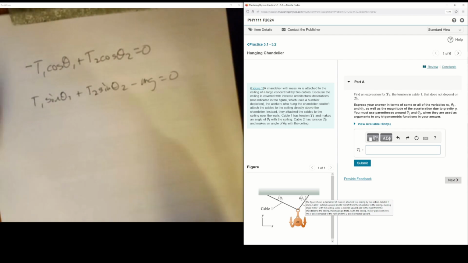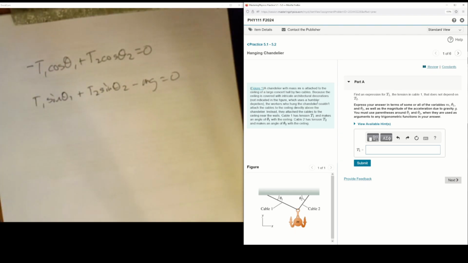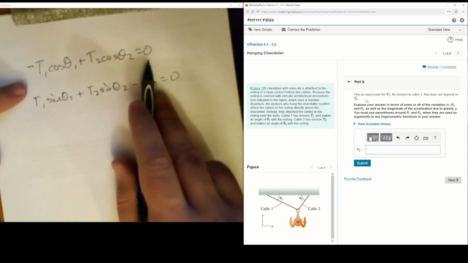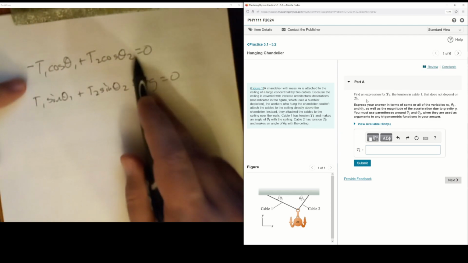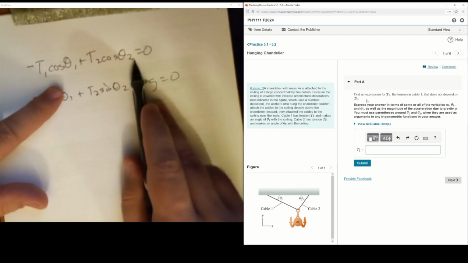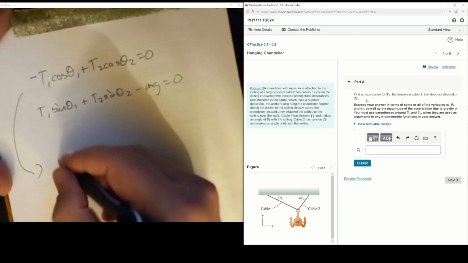And it wants us to solve for T1 without having a T2 in there. So it says, find an expression for T1 that doesn't have T2 in it. So we just have to solve one of these for T2 and plug it in here to get rid of T2. And I'm just going to do that from the top because that would be mathematically the easier thing to do here.